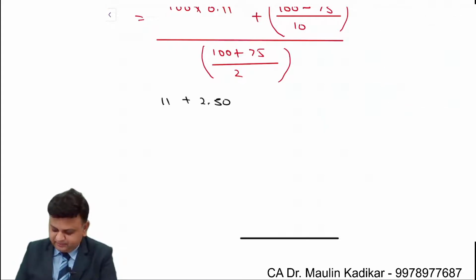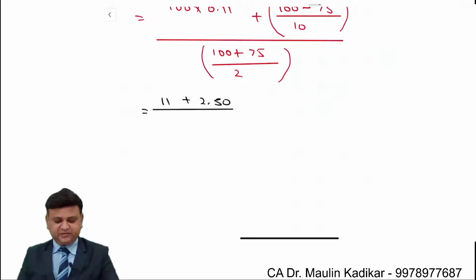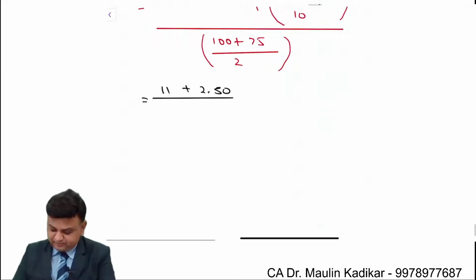Whole divided by the average of these two values, 100 plus 75, 175 divided by 2, 87.5.